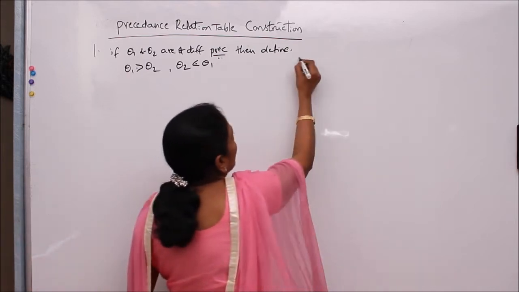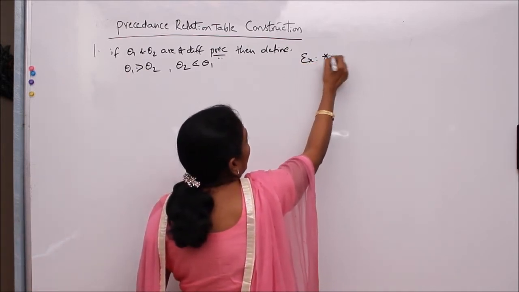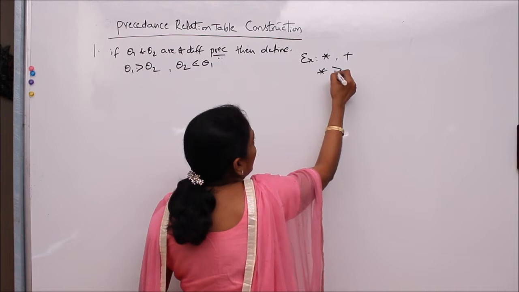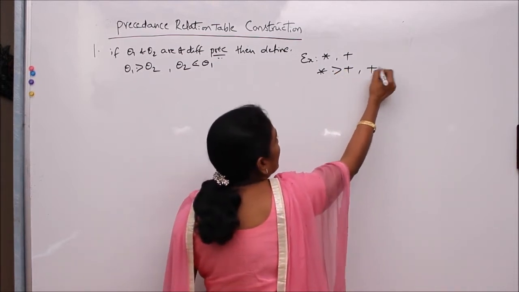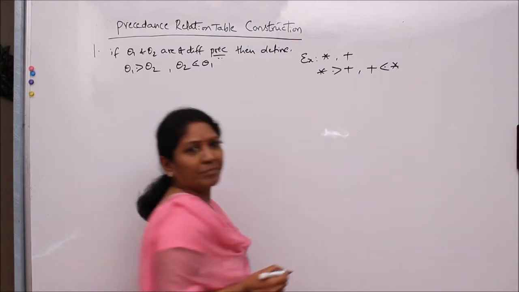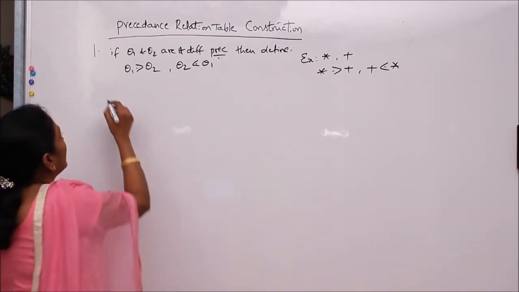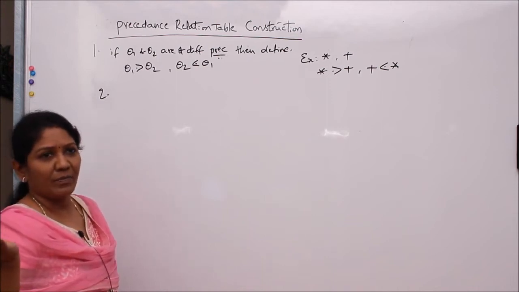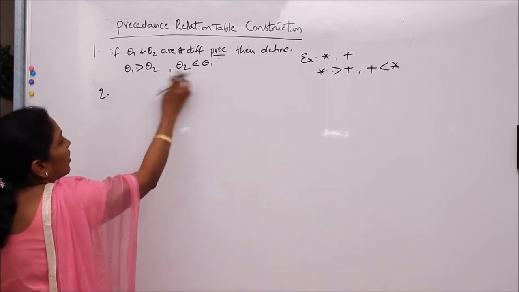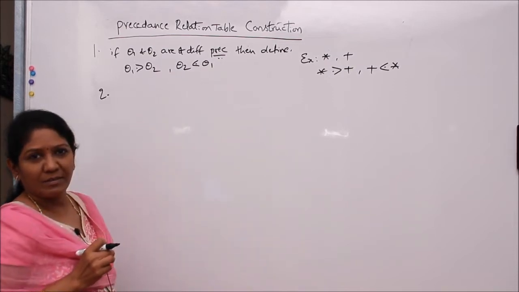Example: star has higher precedence than plus, which automatically implies that plus has less precedence than star. So this is what you can use when they are of different precedence. The relation between the two operators either way can be defined like this.